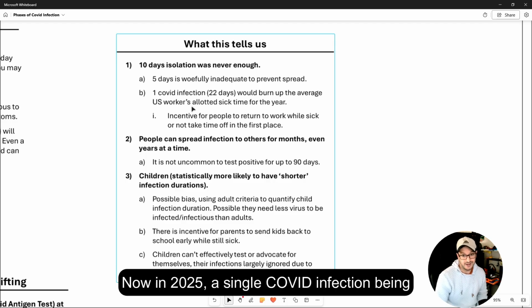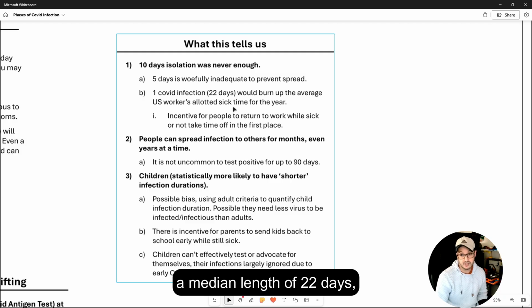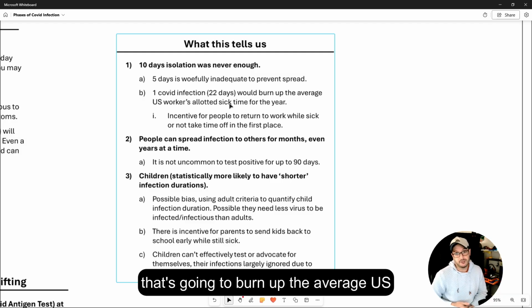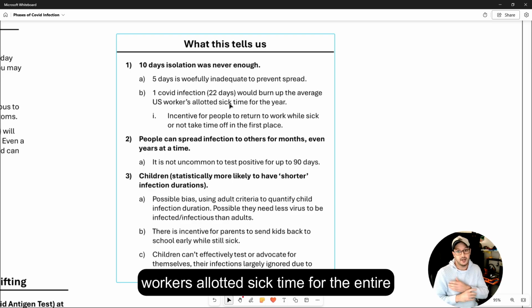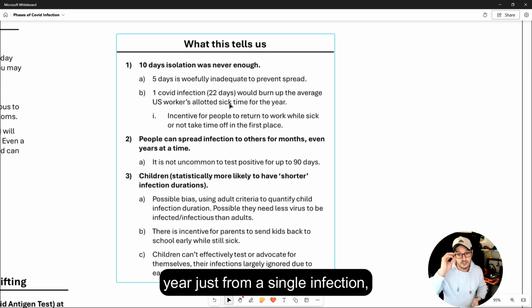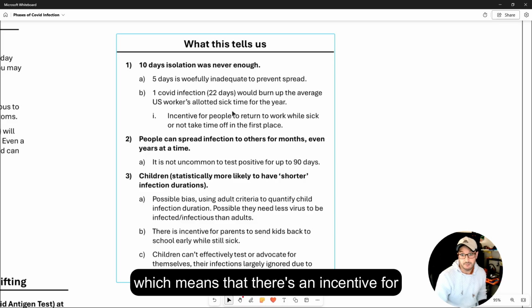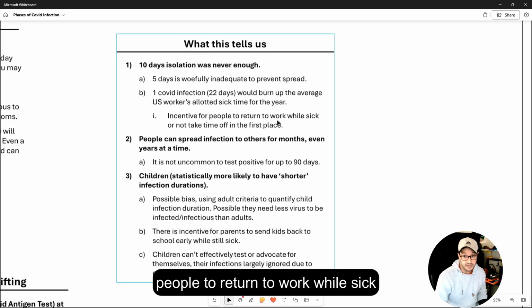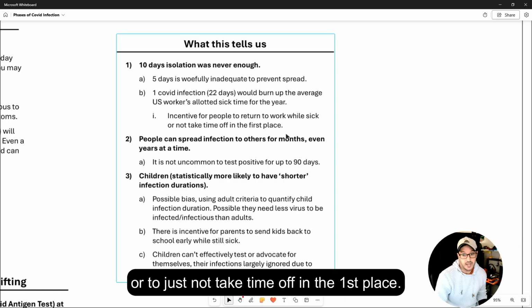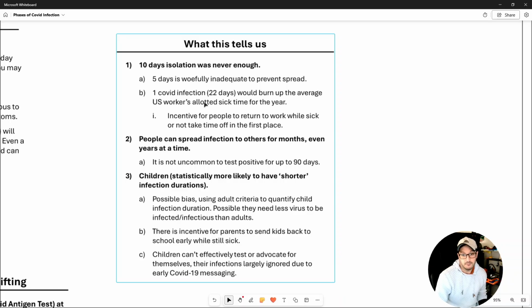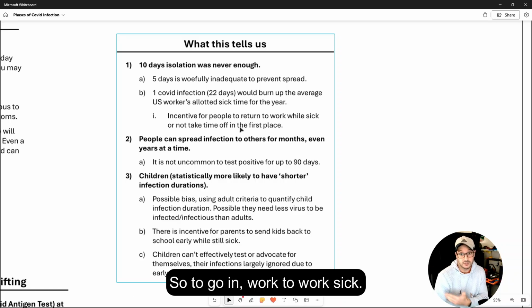Now in 2025, a single COVID infection being a median length of 22 days is going to burn up the average US worker's allotted sick time for the entire year just from a single infection, which means that there's an incentive for people to return to work while sick, or to just not take time off in the first place. So to go in to work sick.